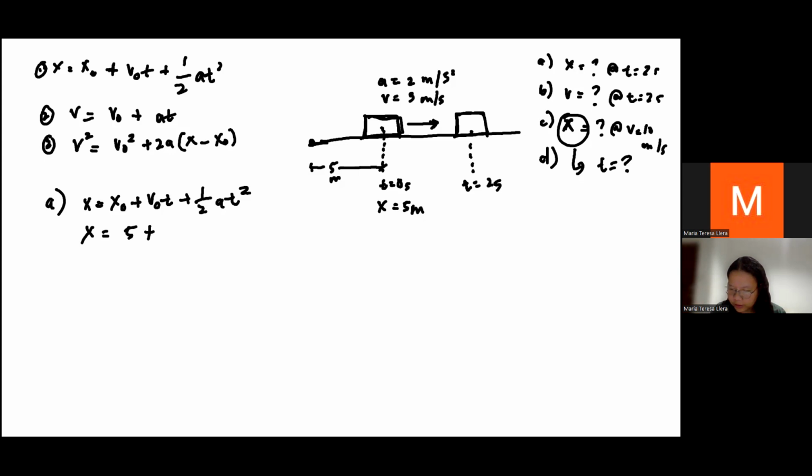Our initial velocity would be 3 meters per second, times the time, which is 2 seconds, plus 1/2 times acceleration, which is 2 meters per second squared, times t, again 2 seconds, squared.